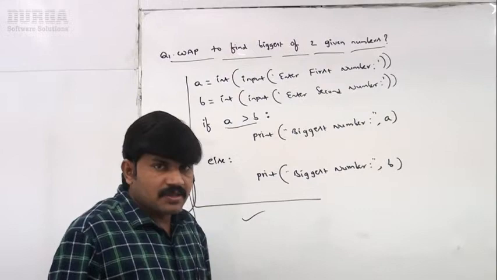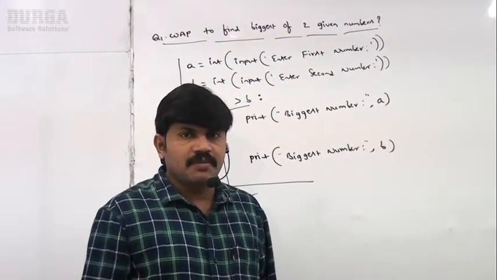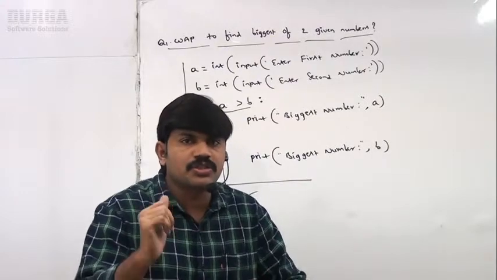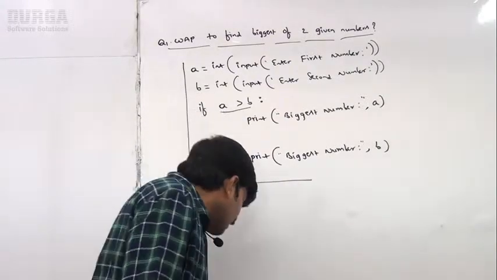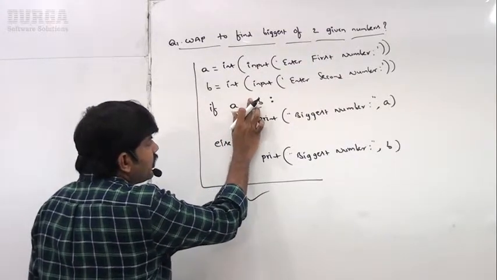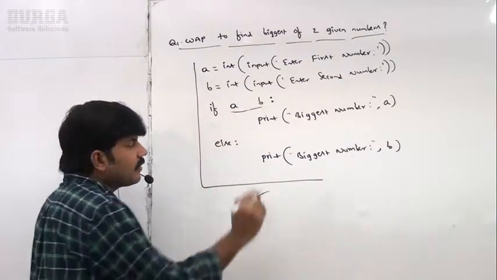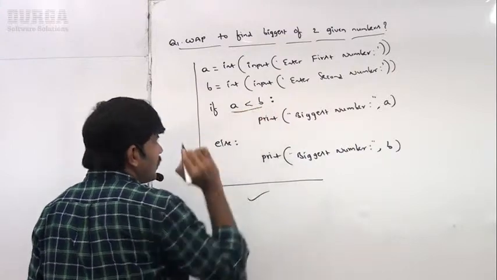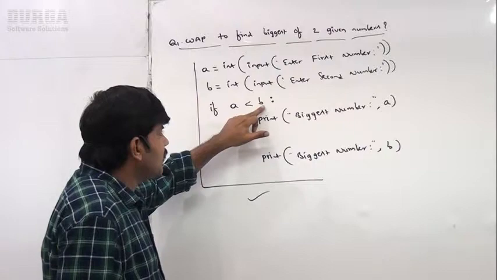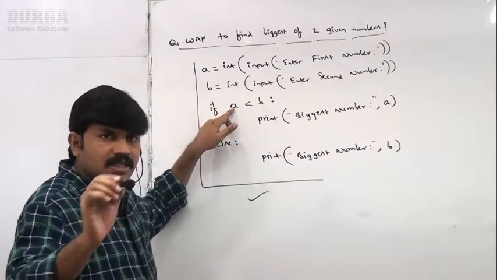Suppose sometimes I may ask, sir, I don't want the biggest number, I want the smallest number. Among these two, which is the small number? Then what is the way? Very, very simple. Sir, instead of checking the greater than symbol, let me take a less than symbol. If a less than b, then a is the small number.